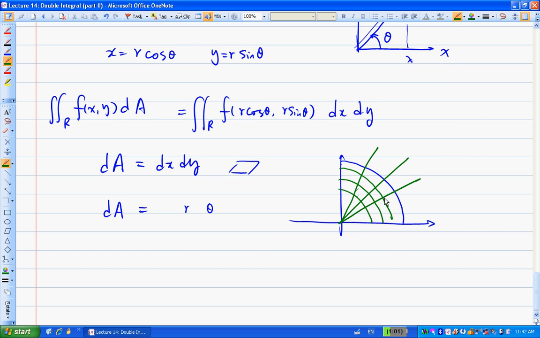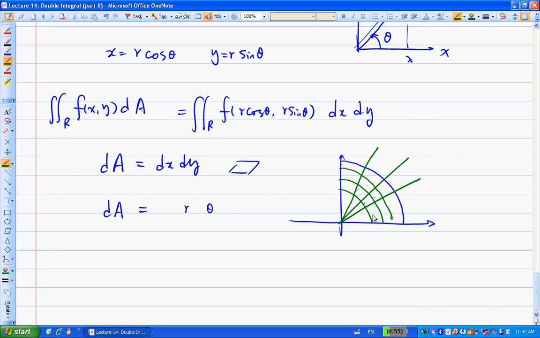Imagine if you draw as many of these circles and radial lines as possible. Each one of these, while not a rectangle, is pretty much still a rectangle.